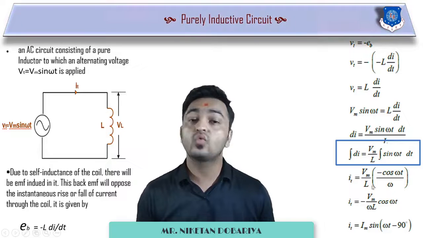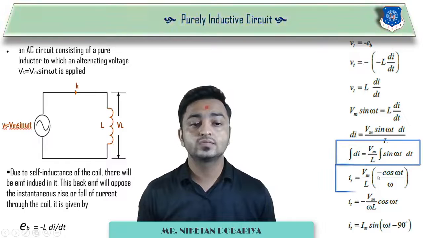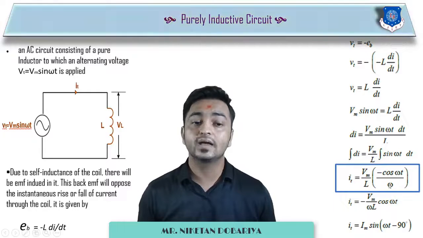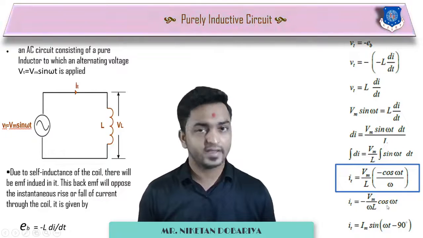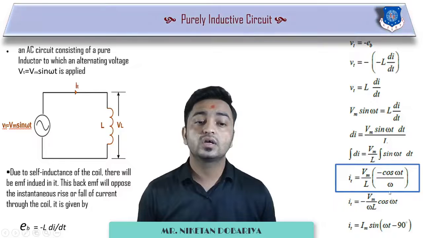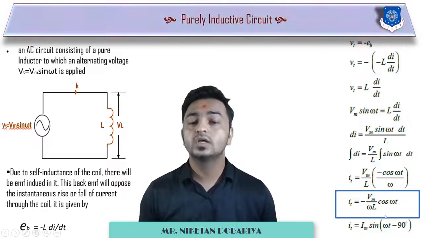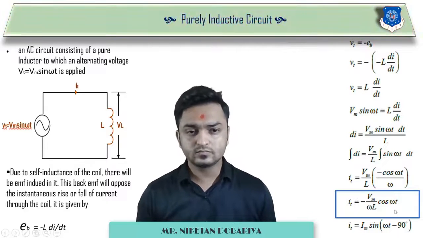So basically now we have the equation, and first we take this minus common. That gives minus Vm by omega L, and here we have the term cos omega t. So finally we have minus Vm by omega L and cos omega t.